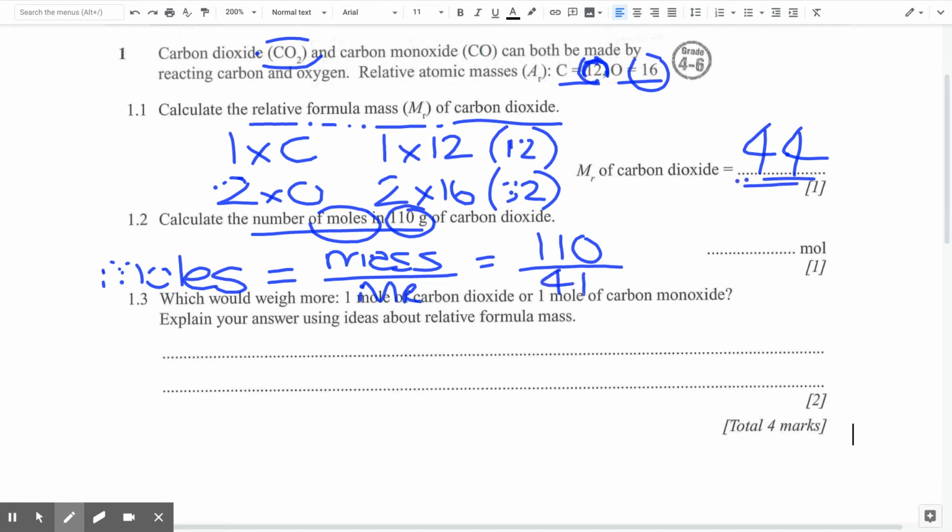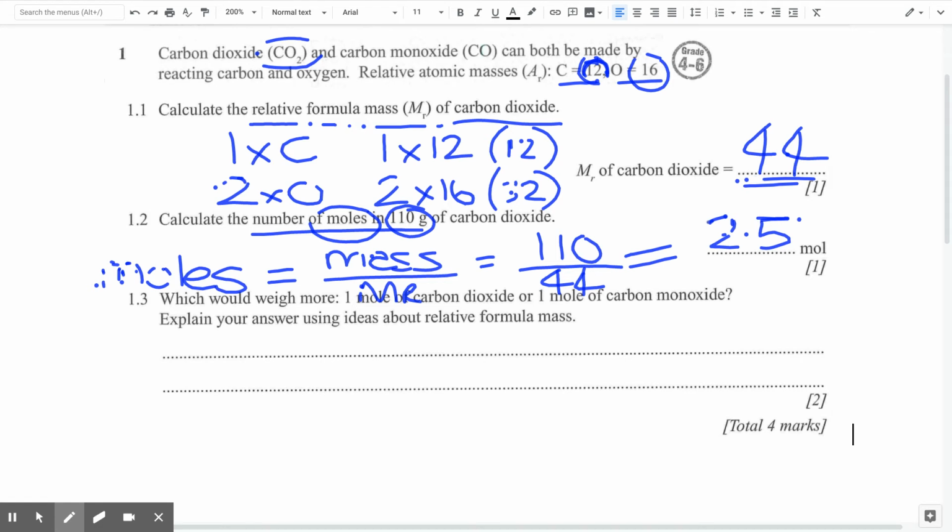You would get error carried forward for these types of questions, should you make a mistake on the molecular mass. And so once we do that, we calculate that value, and for this one, we get a value of 2.5 moles. So there are 2.5 moles of carbon dioxide in 110 grams.